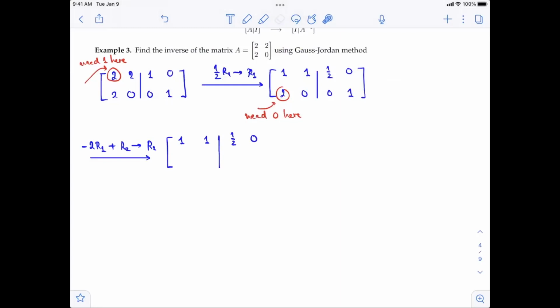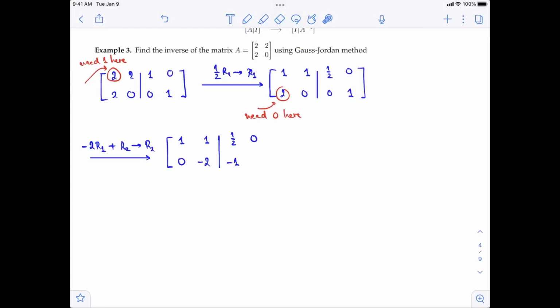But you make the change in the second row. Let me be clear here. This is row 2. Okay, so -2 times 1 is -2, added with +2 becomes 0. -2 times 1 is -2, added with 0 becomes -2. -2 times +1/2 is -1, added with 0, you get -1.